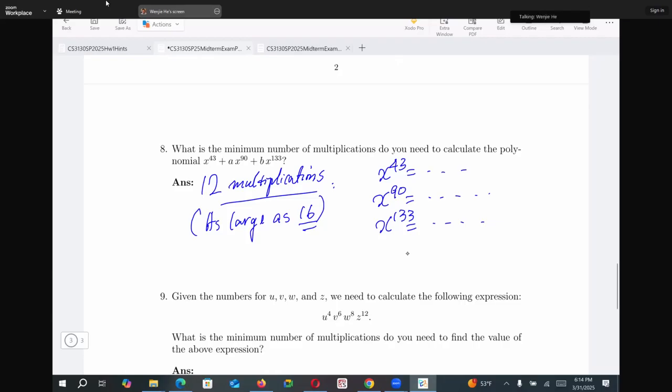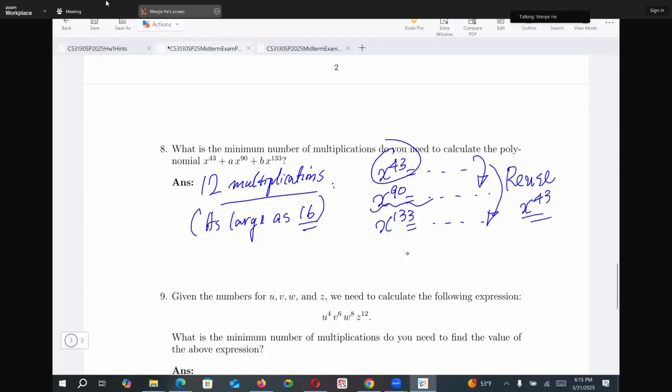Because after you calculate x to the 43rd, you can reuse it. Those students didn't realize you can reuse it, because when they do this from scratch, they didn't reuse x to the 43rd. So the problem is reuse. Here, x to the 3rd, so reuse x to the 43rd.